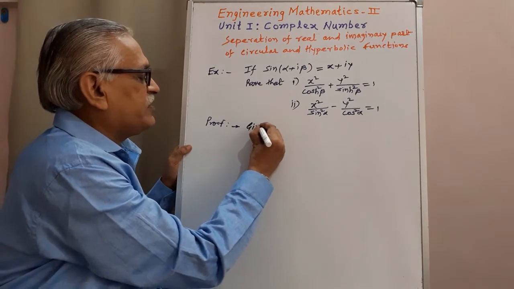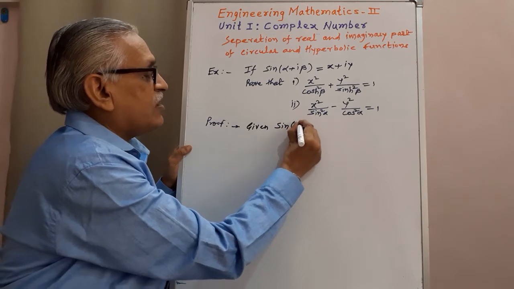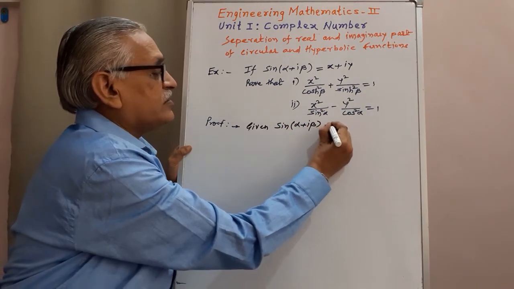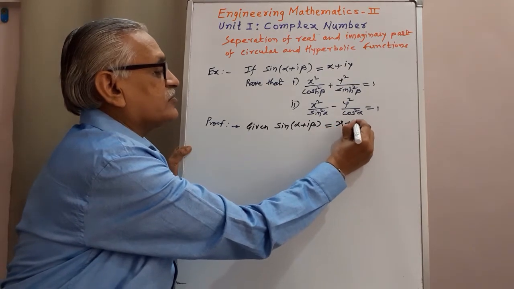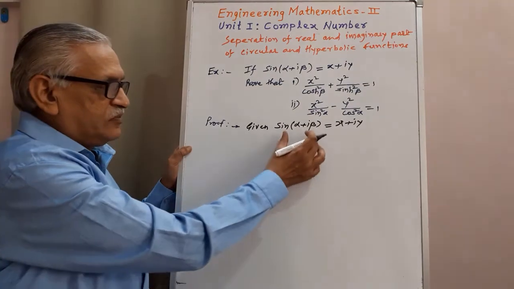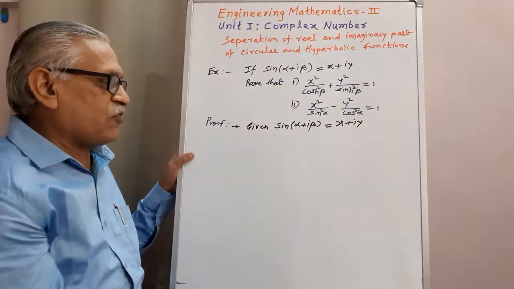Here the given information is sin of alpha plus i beta as x plus iy. We try to expand this sin A plus B using that formula.